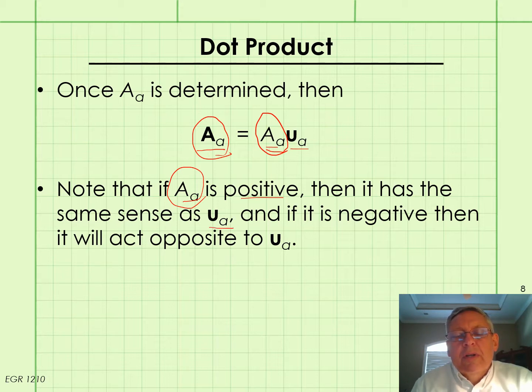In other words, it is going in the same direction as the unit vector. And if that dot product, the scalar, turns out to be negative, then it's going to act opposite to the unit vector that you used.